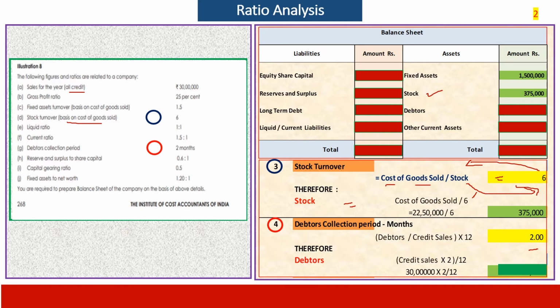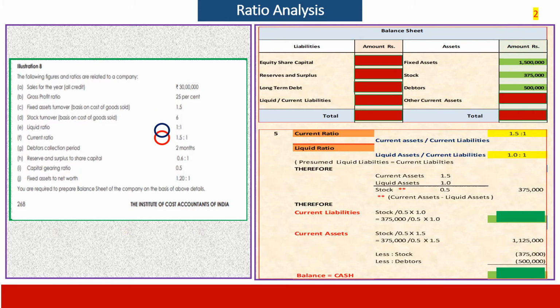And if we have to see how much is debtors, we have to shift it to the other side. 2 multiplied by credit sales divided by 12, that is credit sales is 30 lakhs into 2, 60 lakhs divided by 12 is 5 lakhs. That is the value of debtors. We have debtors here. We shift the figure here. It is posted.